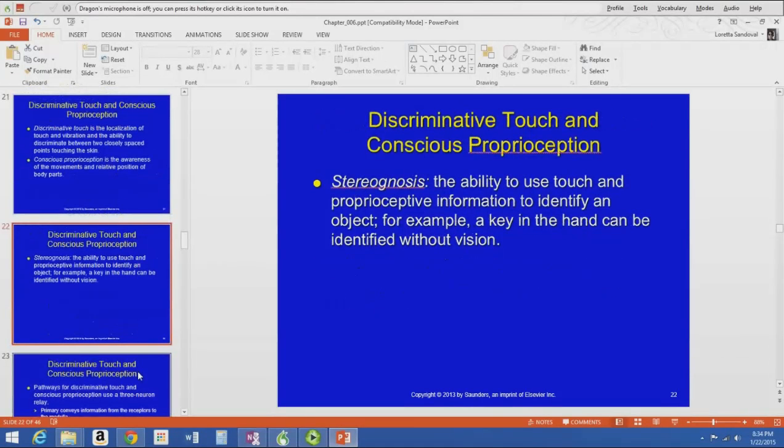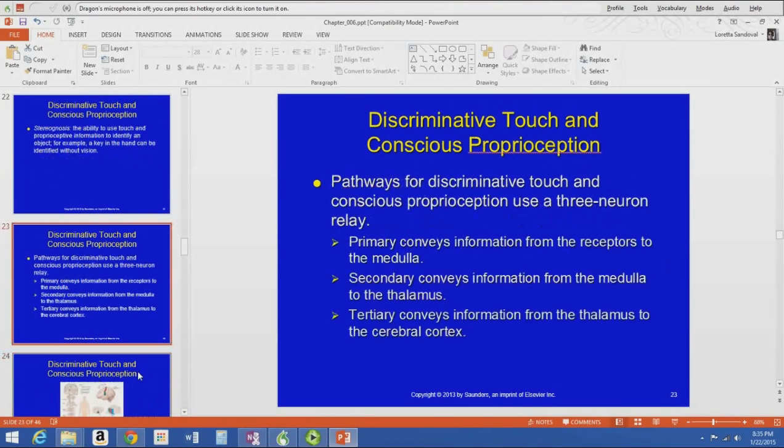Stereognosis, which we talked about with the key, is the ability to use touch and proprioceptive information to identify an object without vision. So it's the digging-in-your-backpack sense. That's what I call it in my brain. Those bits of information run in the conscious relay pathways.